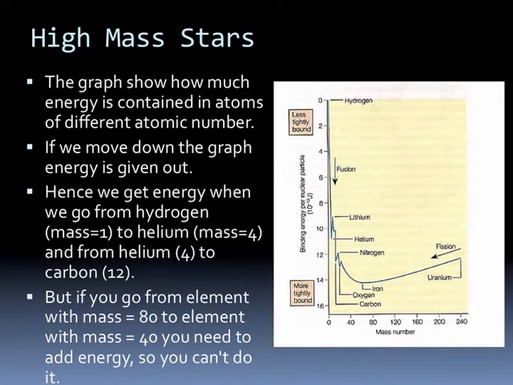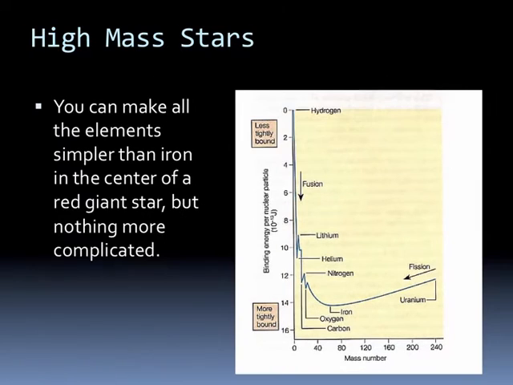But if you go from an element of mass 80 to an element of mass, say, 40, we need energy, so we can't do that. It takes energy put into the system to do that. Therefore, we can make all the elements simpler than iron in the center of a red giant star, but nothing more complicated on this side.